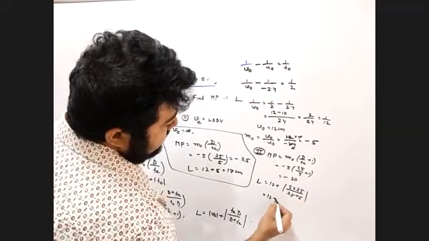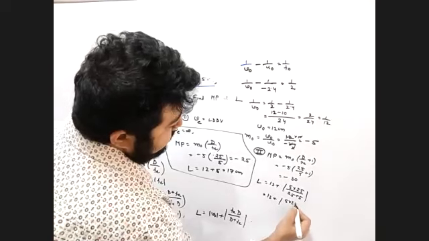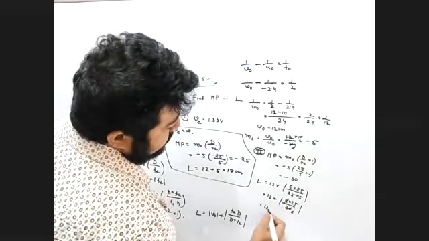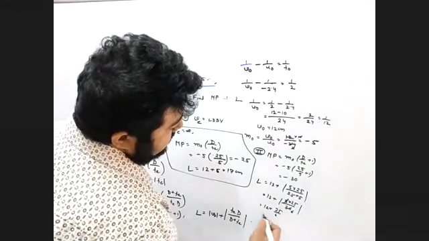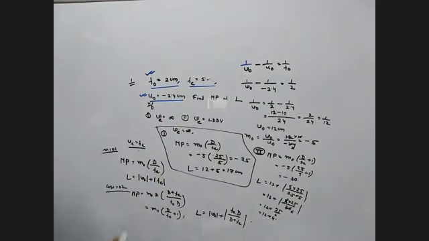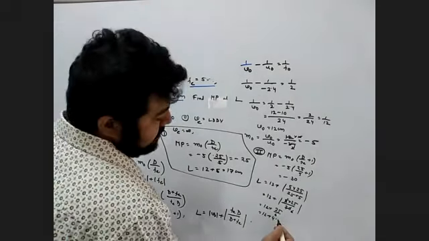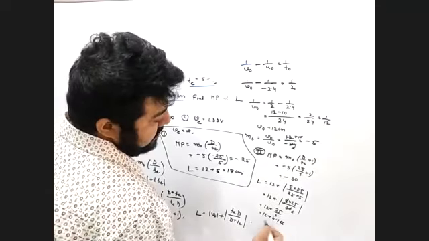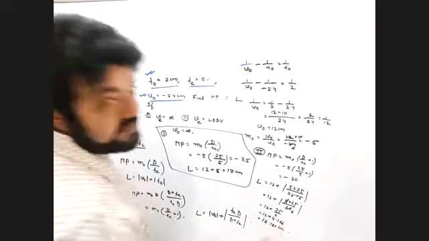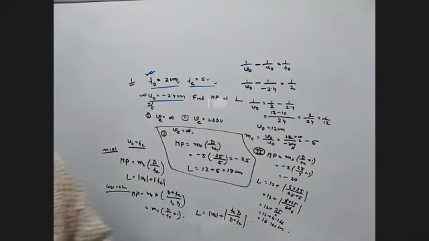That is 12 plus 5 into 25 by 30, that is 12 plus 25 by 6, that is 4 and 1 by 6, which is 4.16. So 16.16, that is 14.66... Yes, everyone. Yes, sir.